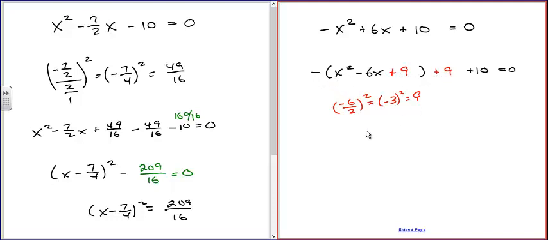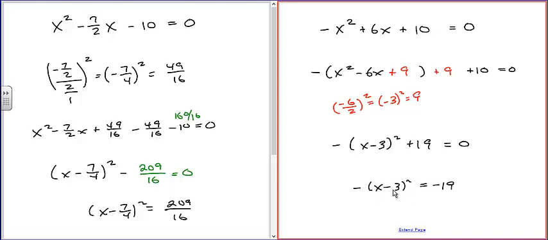Okay. So now I can complete the square inside the parentheses, so it becomes negative the quantity x minus 3 squared plus 19 equals 0. Or negative x minus 3 squared equals -19.